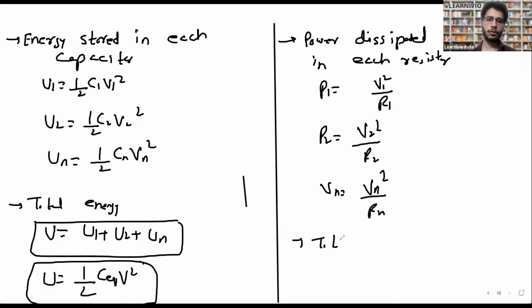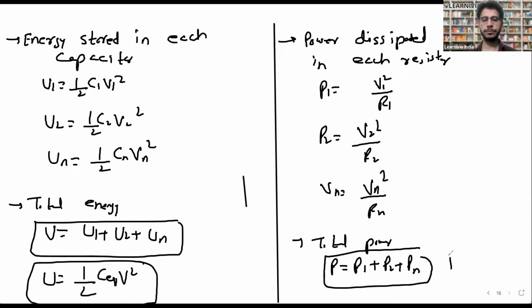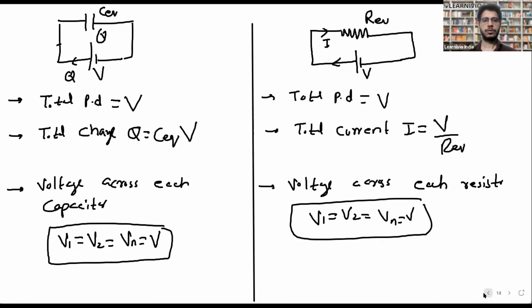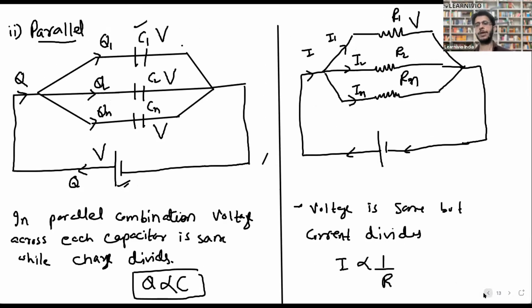For total power, keep adding: P1, P2, Pn. Add them. P is V square by R equivalent. This is how we can calculate total power. Start writing. Then we'll do numericals on parallel of resistor as well as capacitor. Then we'll do mix combinations.